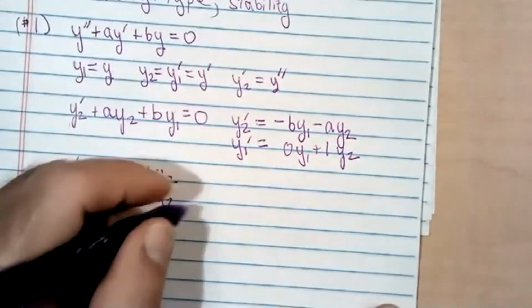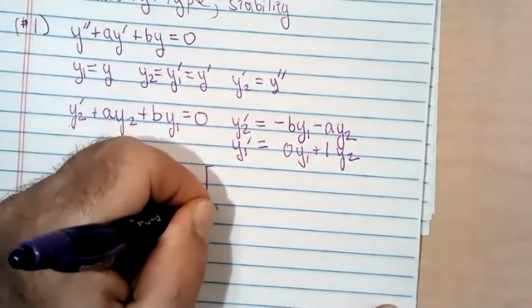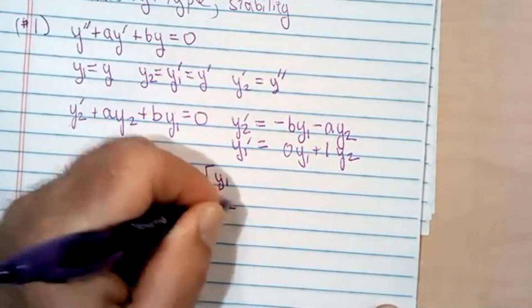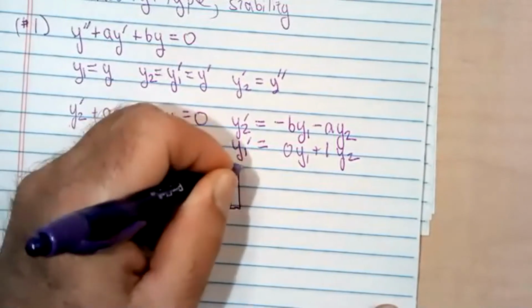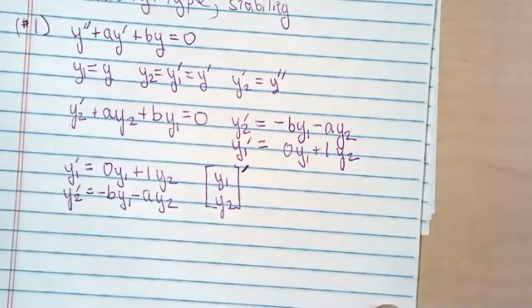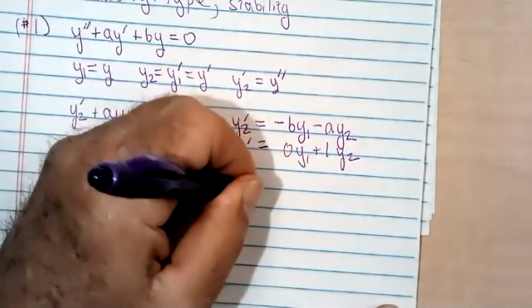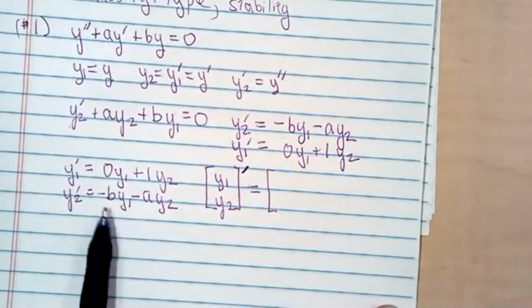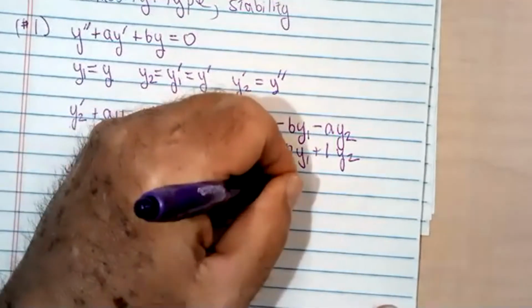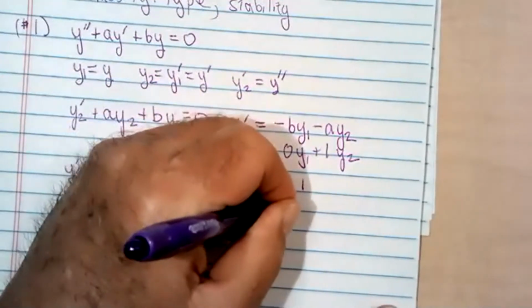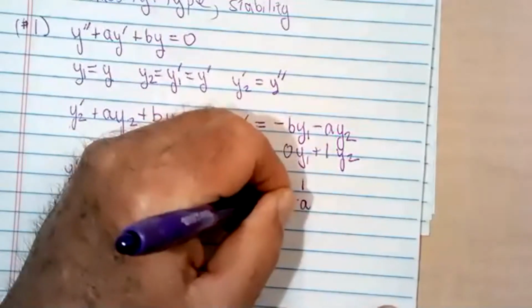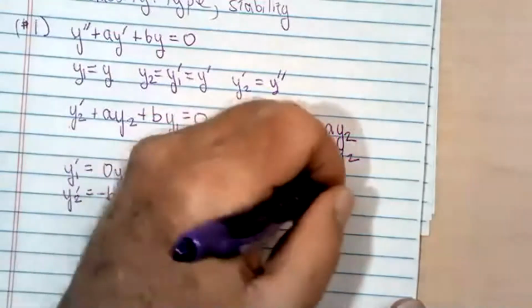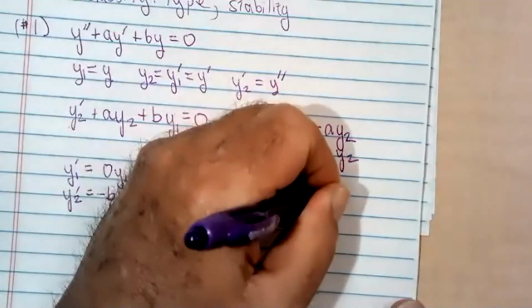And you could write this in vector and matrix form in this way. y1 and y2 make up my y vector. I'm taking its derivative here and setting that equal to the coefficient matrix 0, 1, minus b, minus a, times y1, y2.